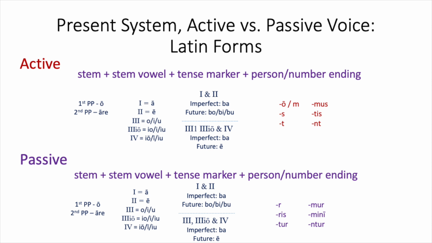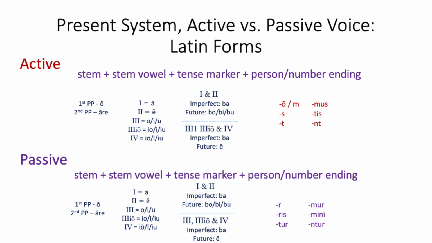So you're used to that -o or -m, -s, -t, -mus, -tis, -nt, with a tense marker to tell you if it's imperfect or future, then a vowel in your stem. And that's your active. If you remember our unit on first and second conjugation verbs for the imperfect, future, and present passives, you still keep that same stem, those same vowels, the same tense markers, but you use a different ending.